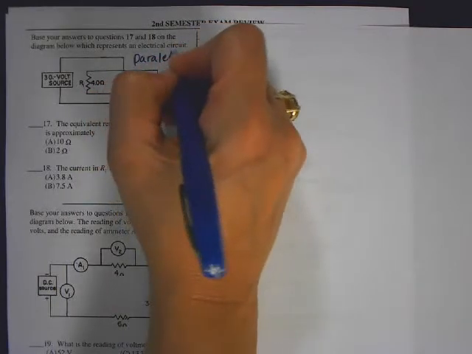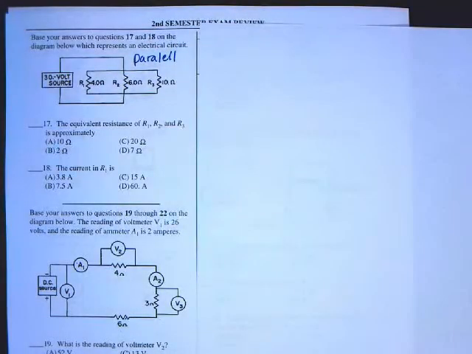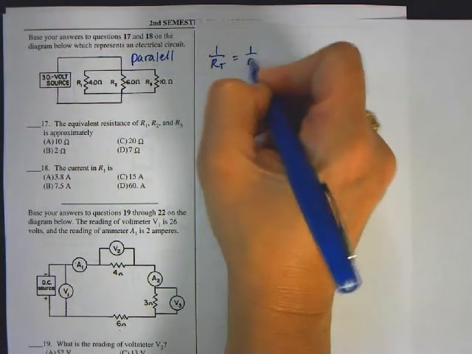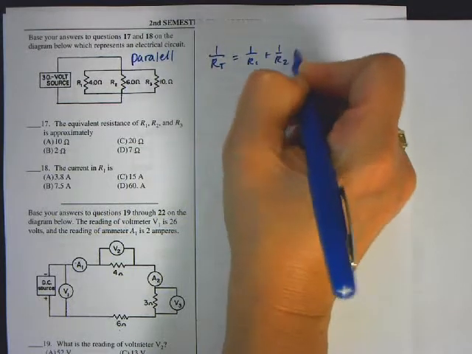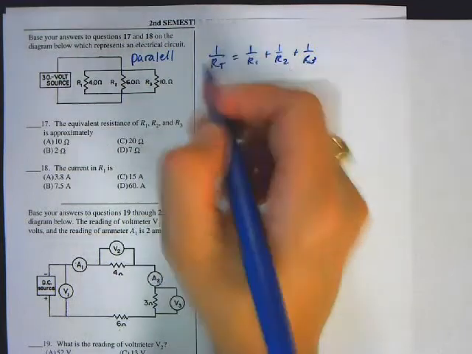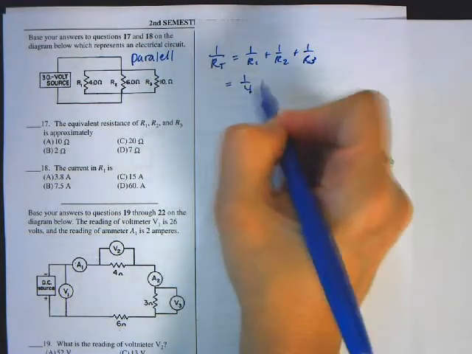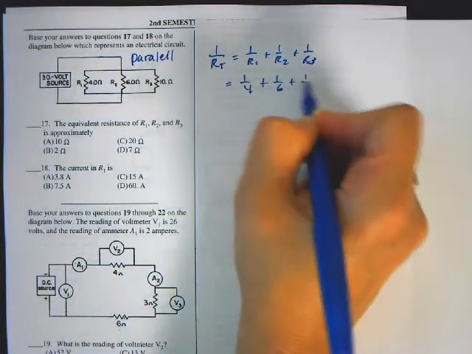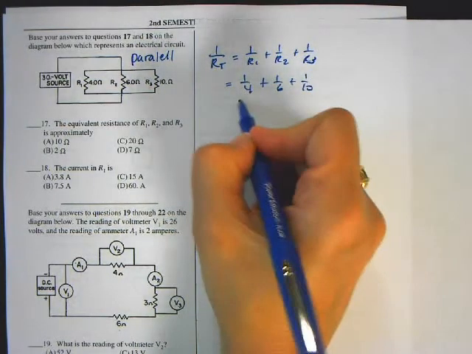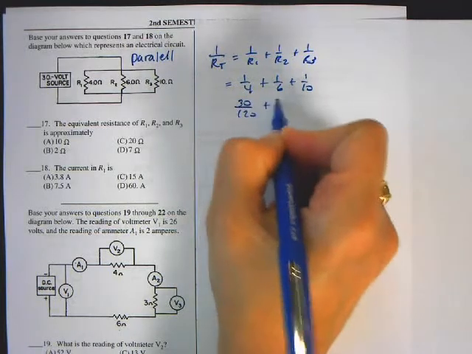So the first question says the equivalent resistance. Remember that for resistors in parallel, 1 over RT is equal to 1 over R1 plus 1 over R2 plus 1 over R3. This one, the numbers are easy, so I might be able to do it in my head: 1/4 plus 1/6 plus 1/10. Some of you like to do it on your calculator. I like to find a common denominator because this way I know I don't make a mistake.